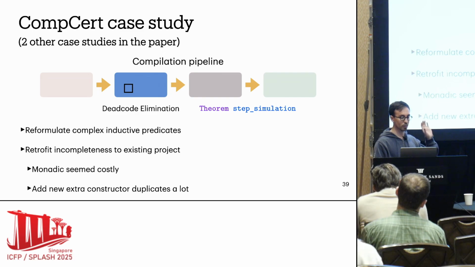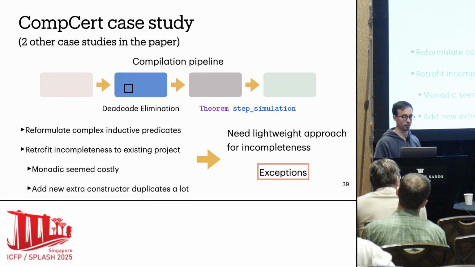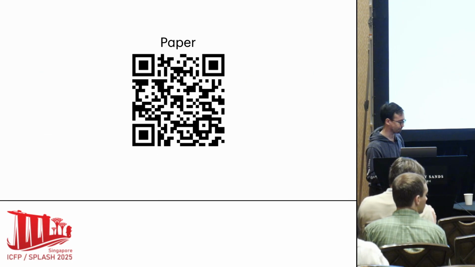So what we took from this experience was that we needed some lightweight manner of introducing incompleteness into projects, and we think that exceptions are probably a good choice. So we are working towards an exceptional approach to working incrementally in certified programming. And that's it. Thank you very much.